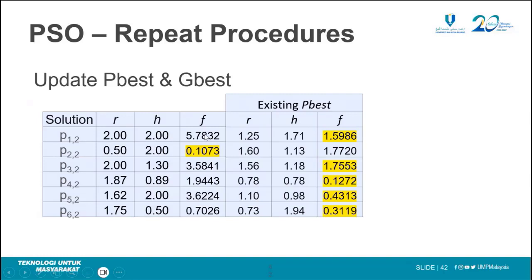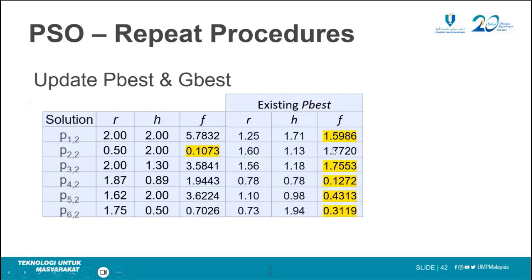If we compare for the first particle the F for the new solution with the existing P-best, the existing P-best is better than this one. So the existing P-best for the first particle will be maintained. But if we compare the new fitness value for P2 with the existing P-best, the new value is better, smaller than the existing P-best.